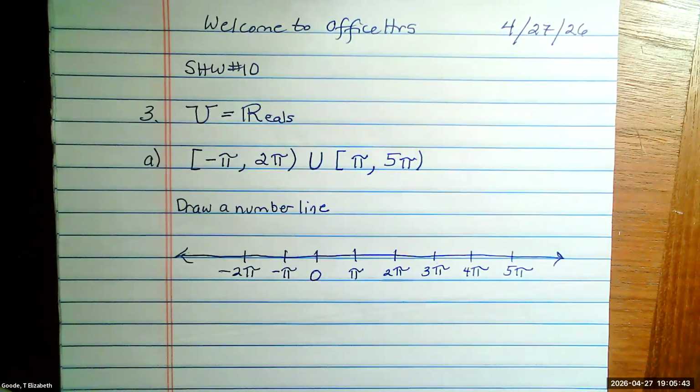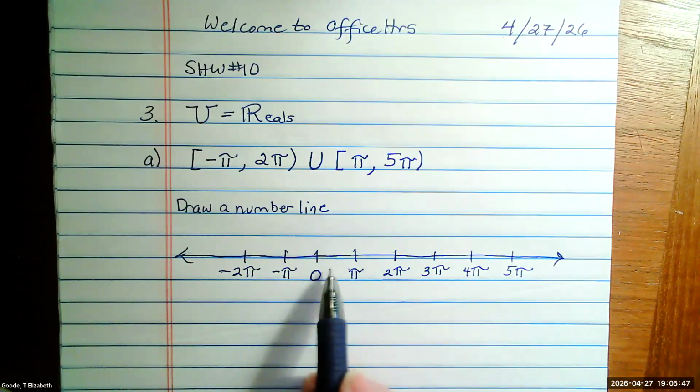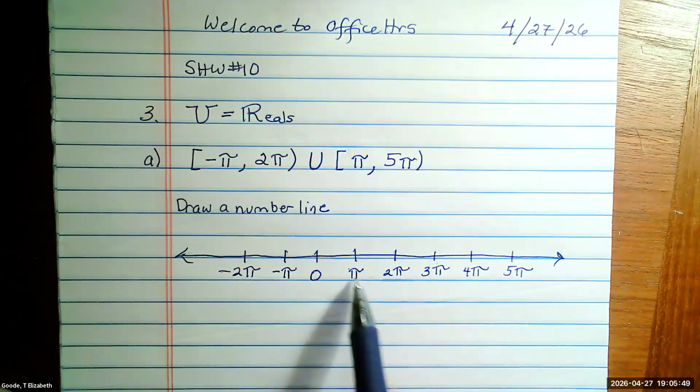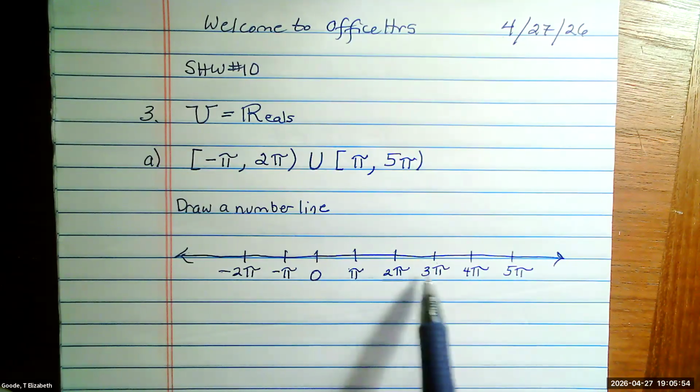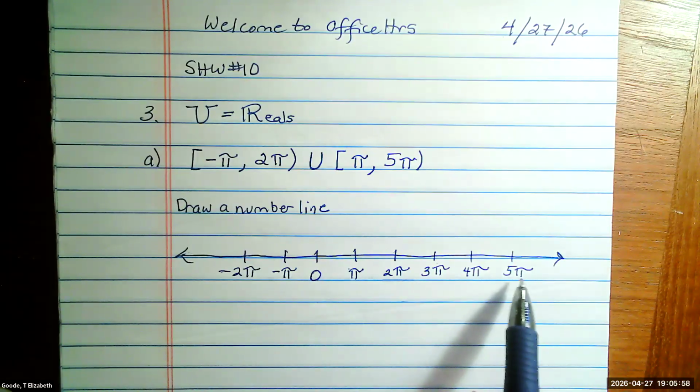So we're just jumping by jumps of size pi. Instead of having 0, 1, 2, 3, 4, 5, we've got 0, pi, 2 pi, 3 pi, 4 pi, 5 pi. Does that help?